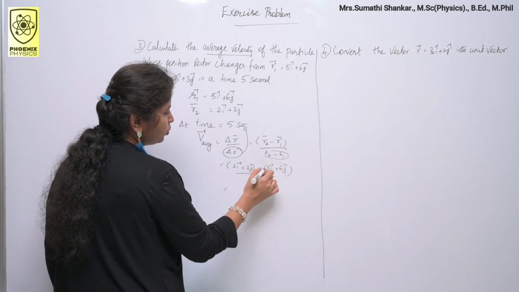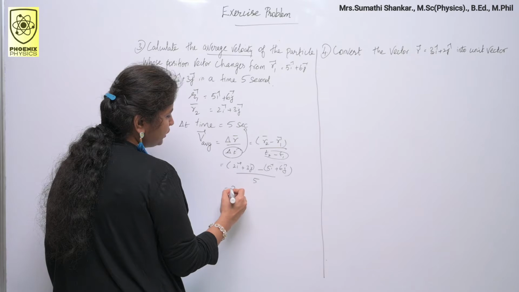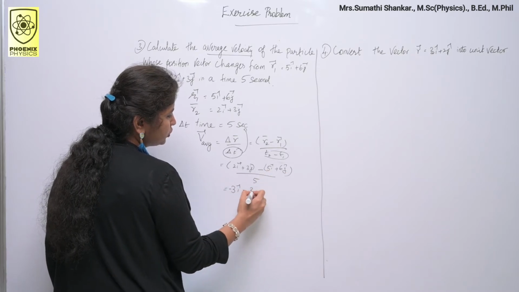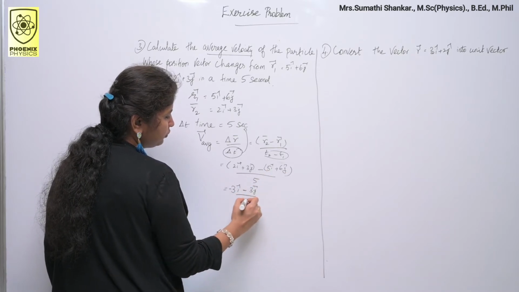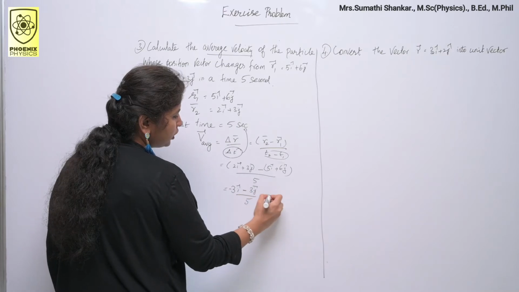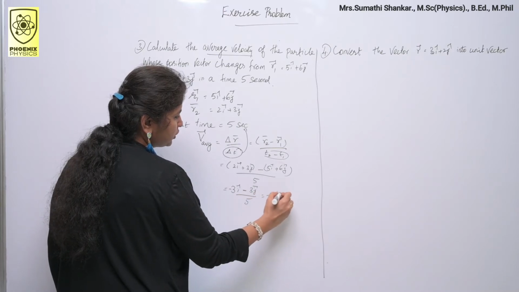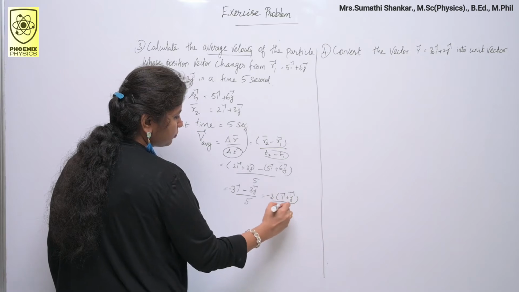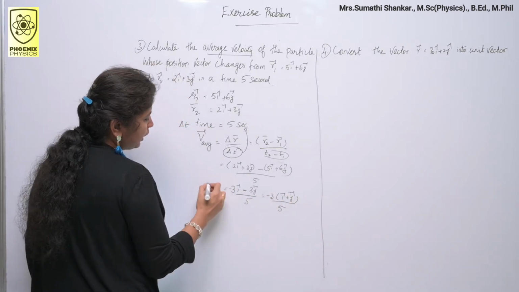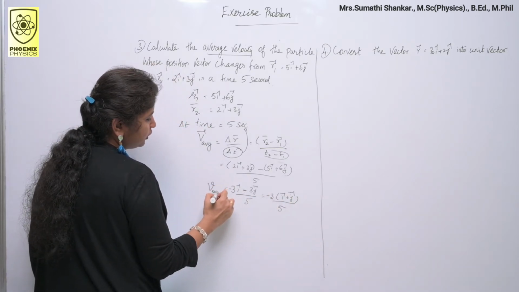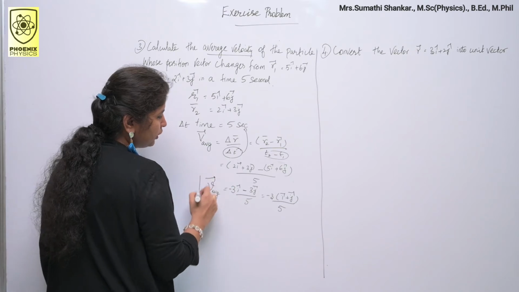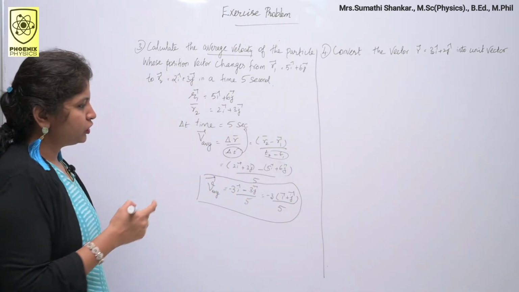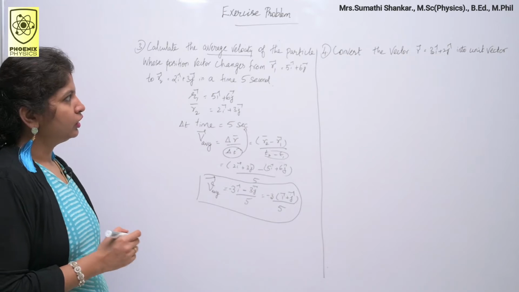So 2 minus 5 is minus 3i vector, and minus 3j vector, divided by 5. Take minus 3 outside: i vector plus j vector, divided by 5. This is our average velocity. So V average is equal to minus 3 times i vector plus j vector, divided by 5.